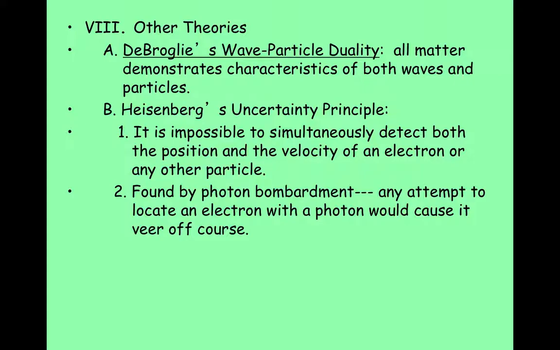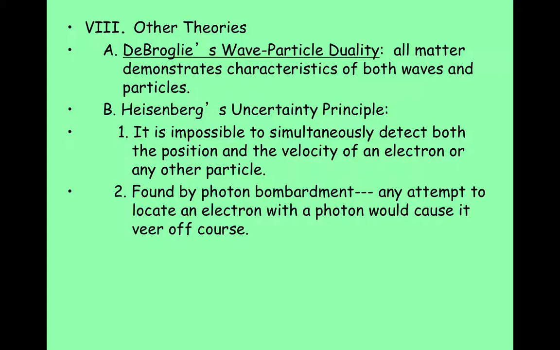Heisenberg's uncertainty principle then said that it's impossible to simultaneously detect both the position and the velocity of an electron or any other particle. And this was found by photon bombardment. Sounds scary again, but what it means is just launching photons at matter, and any attempt to locate the electron with a photon would cause it to veer off course.